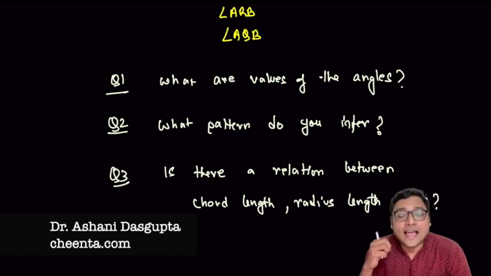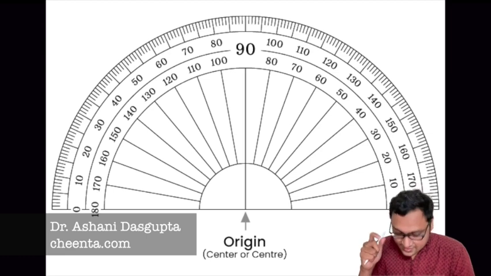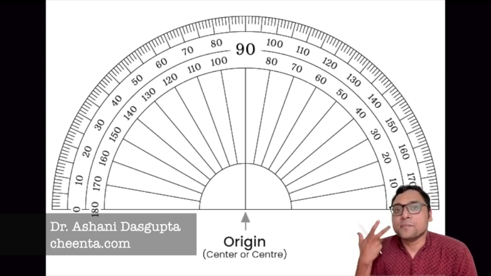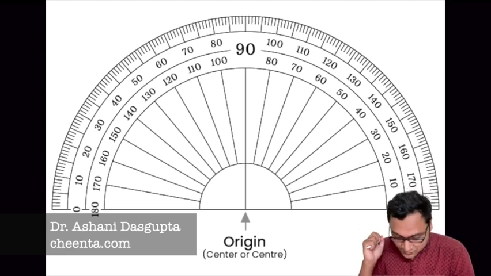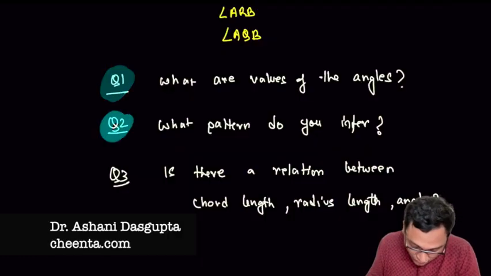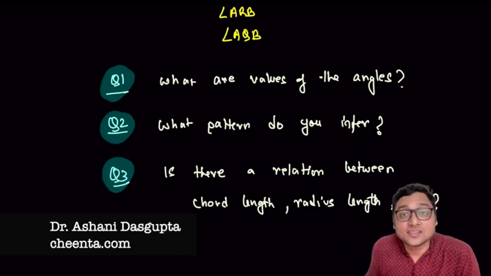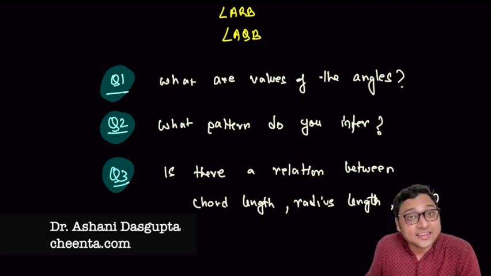So how do you measure the angle? You have to use a geometry box, a protractor. There is a device to measure angles, so you can do that. But I'm interested to find out what results, what answers you get for each of these cases.